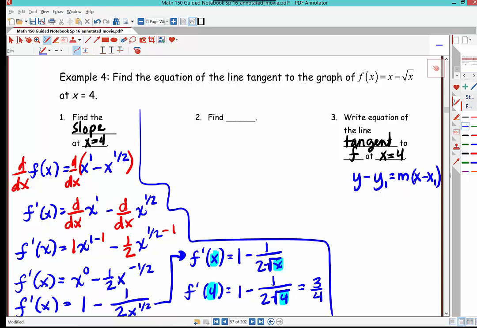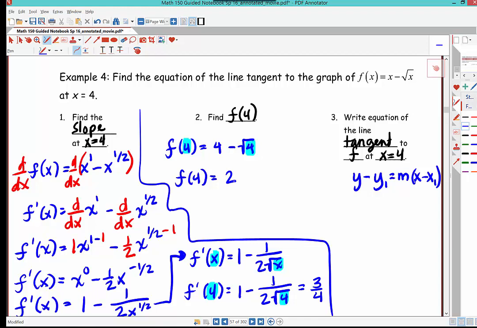Now what's missing? What's my x1? Good, 4. But I don't have my y1, do I? So that tells me I need to find what f at 4 is. So f at 4 is 4 minus root 4. So now I'm evaluating the original function at x is 4, so I can get the corresponding y value. So f at 4 is 4 minus 2, which is 2.